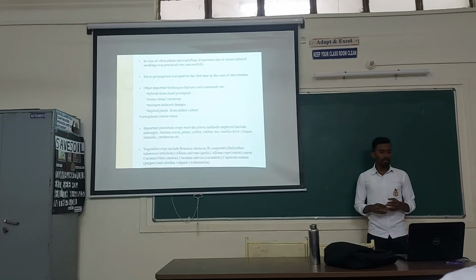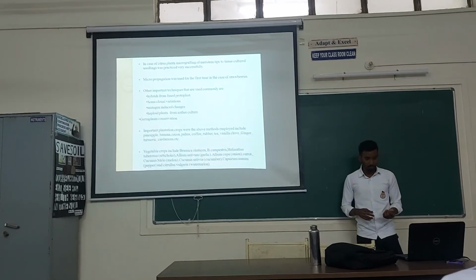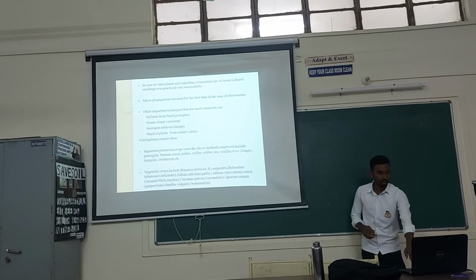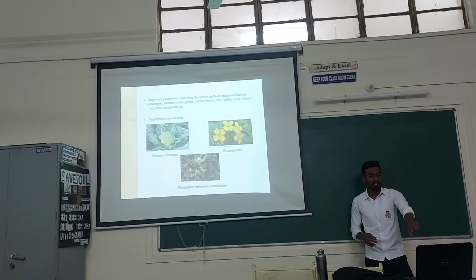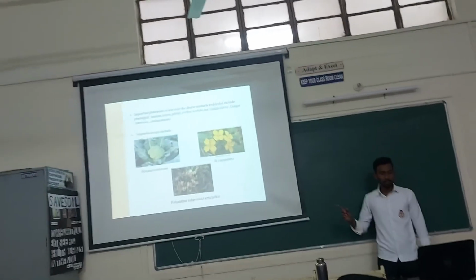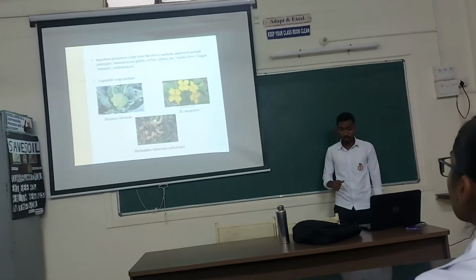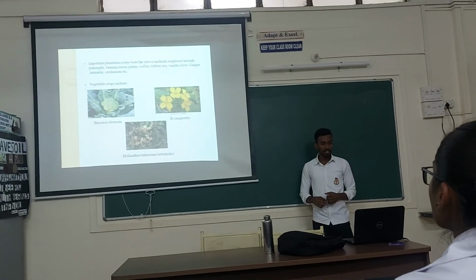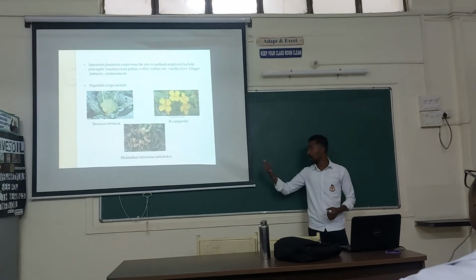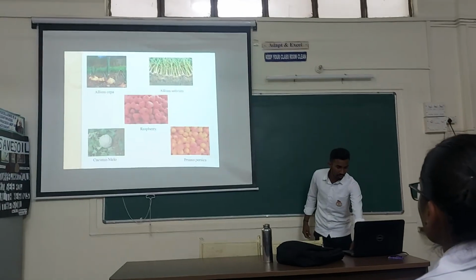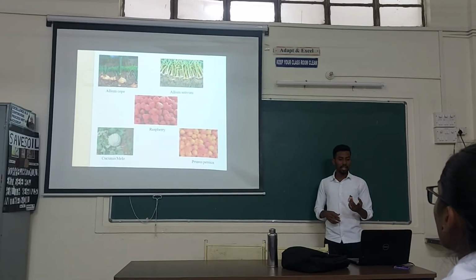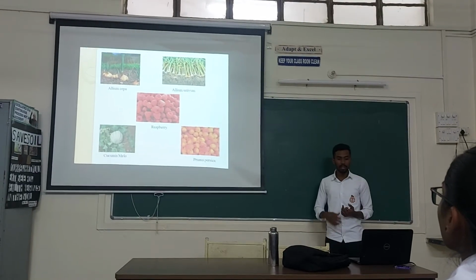Vegetable crops like Brassica oleracea, beet, cabbages, Allium cepa onion, Helianthus tuberosus, artichoke are mentioned, along with Allium sativum, ginger, raspberry, cucumis melo, and Persea.